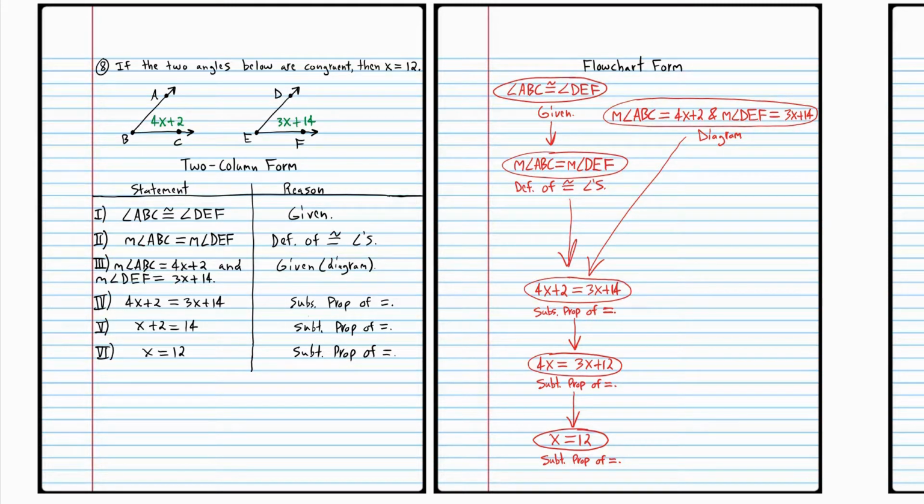And this information over here, again, this was just given in the diagram. So this doesn't follow from anything. So we have to have a separate branch over here. But when we use substitution property of equality, we're using both this information and this information. So we have two arrows connecting to this bubble.